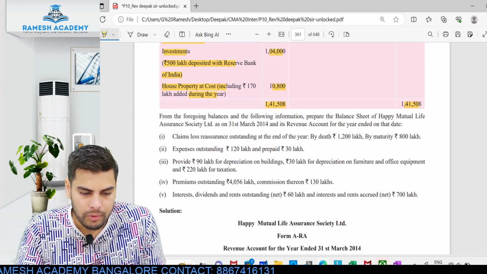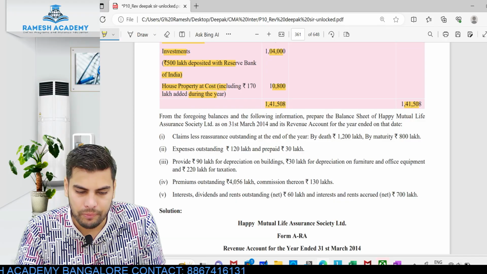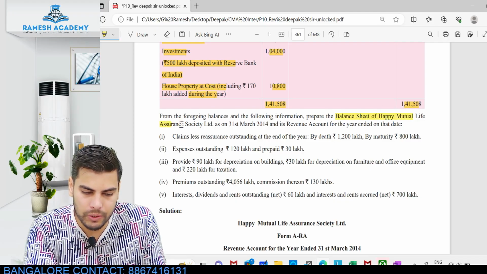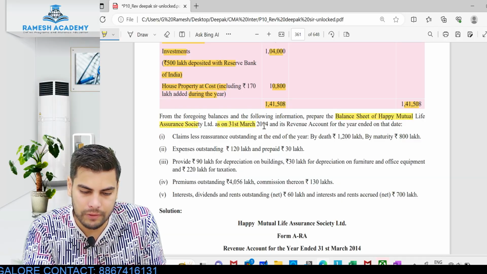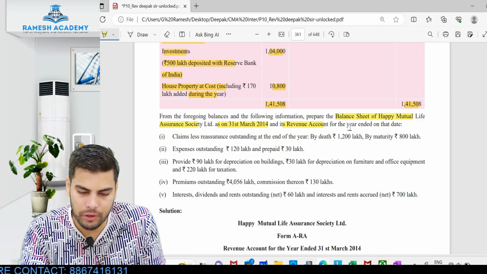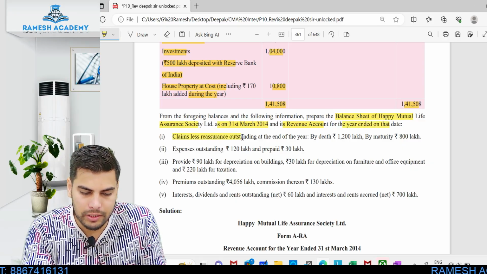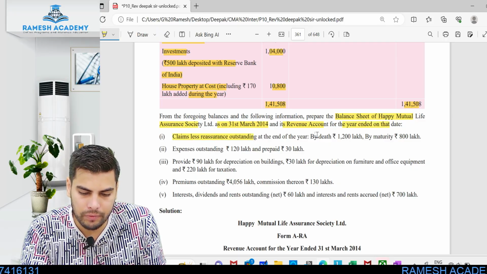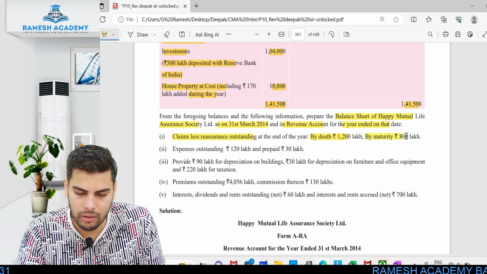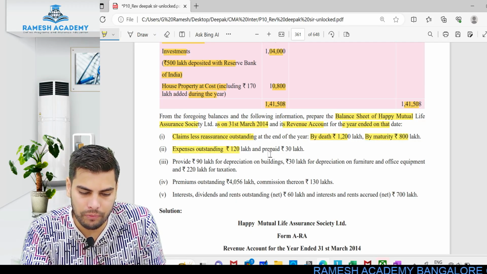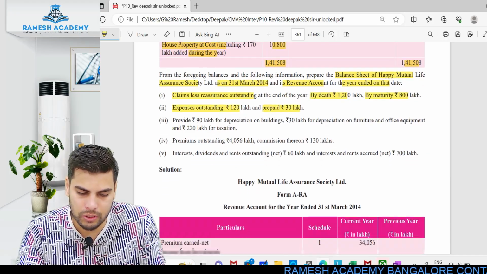From the foregoing balances and following information, prepare the balance sheet of Happy Mutual Life Assurance Society Limited as on 31st March 2014 and its revenue account for the year ended on that particular date. Claims less reassurance outstanding at the end of the year by death was 1,200, by maturity was 800 lakh, expenses outstanding was 120 lakh and prepaid expenses was 30 lakh.